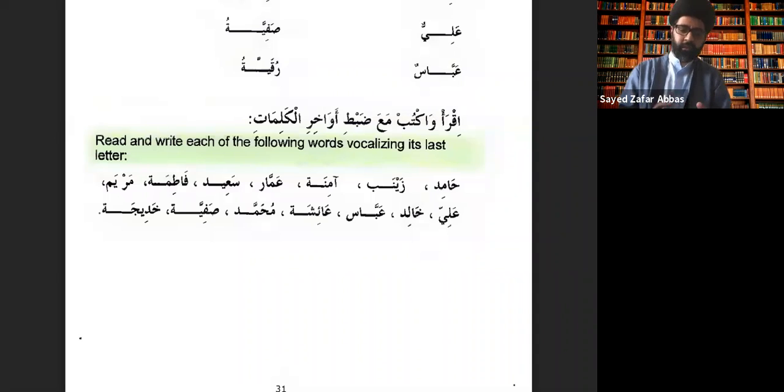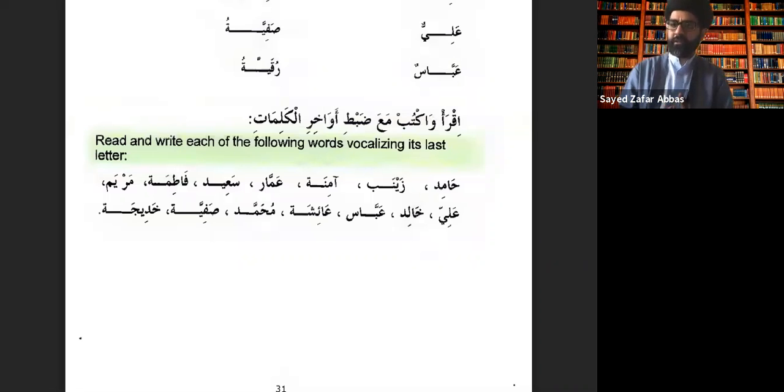So Hamidun, Zainabun, Aminah, but not Aminatun. We'll come to that in one moment. Ammarun, Sa'idun, Fatima, Maryam, Aliyun, Khalidun, Abbasun, Aisha, Muhammadun, Safiya, Khadija.